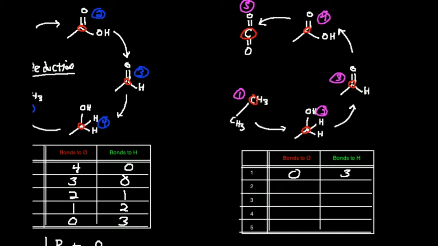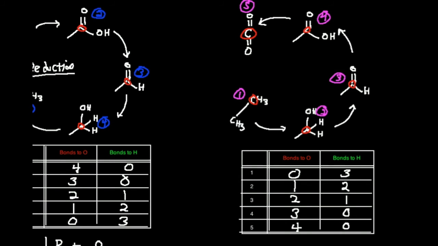Here's ethanol. How many bonds to oxygen? 1. And then there's 2 bonds to hydrogen. For acetaldehyde, how many bonds to oxygen? 2. And then there's 1 bond to hydrogen. Acetic acid, how many bonds to oxygen? 3. And how many bonds to hydrogen? 0. And then carbon dioxide, bonds to oxygen, 4. And there's no bonds to hydrogen.